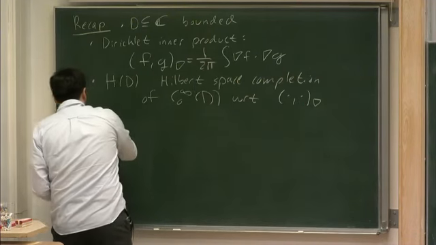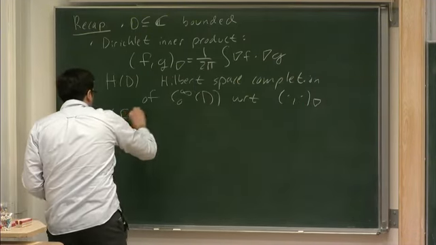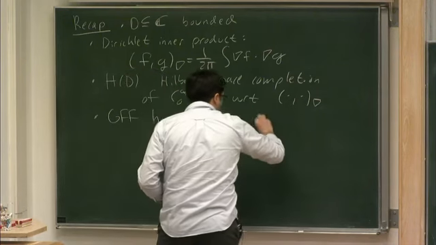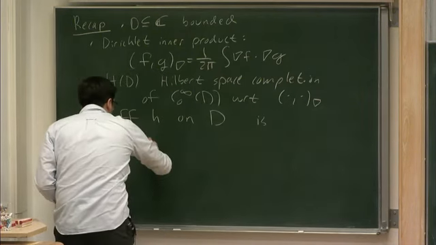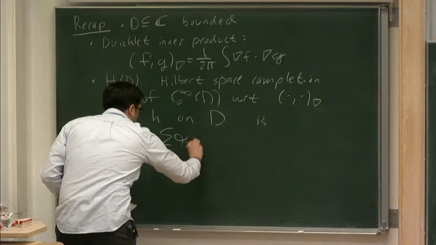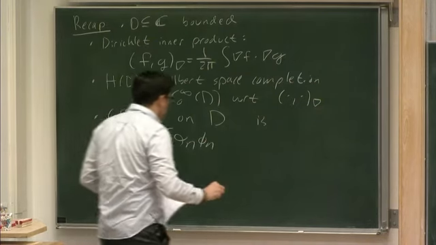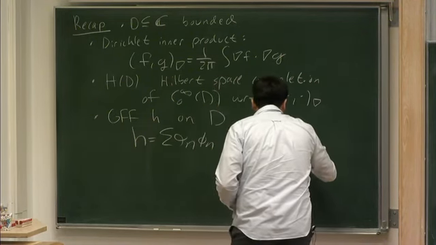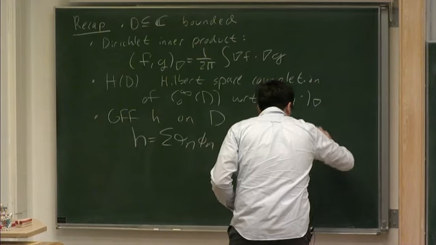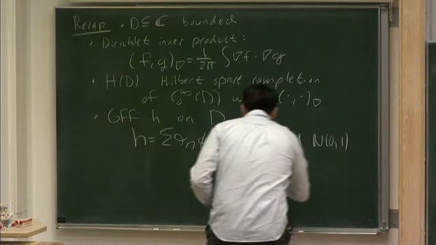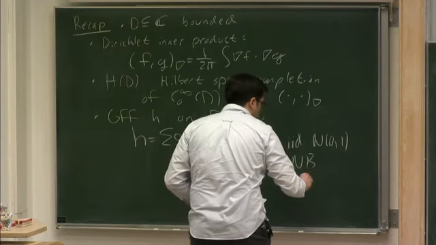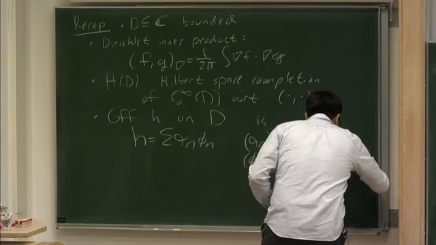And then the Gaussian free field, h on D, is given by a random linear combination of basis elements of the Hilbert space. The coefficients here are IID normal 0, 1, and phi n is an orthonormal basis of the Hilbert space.